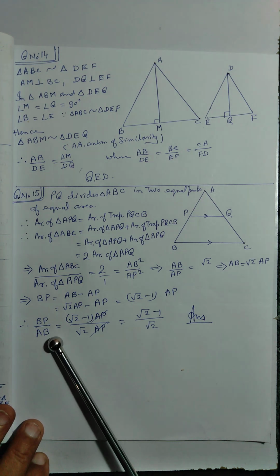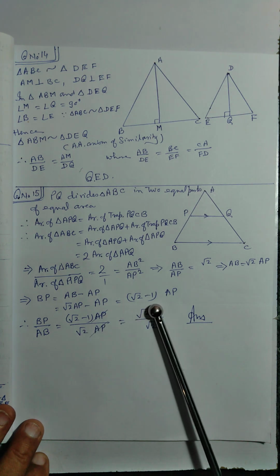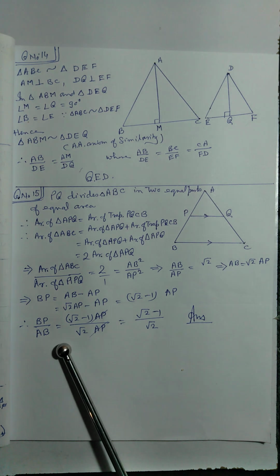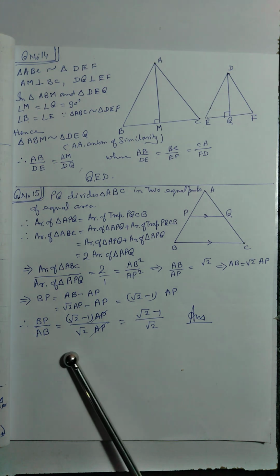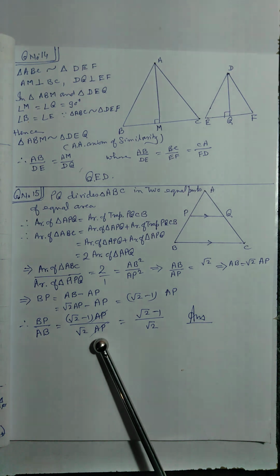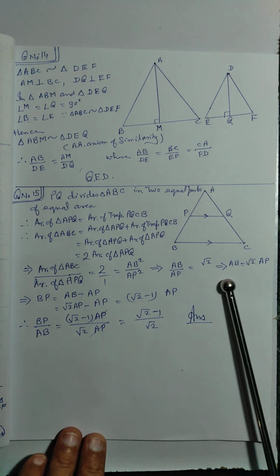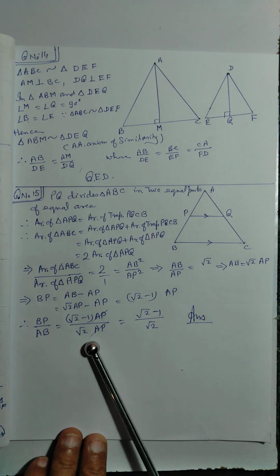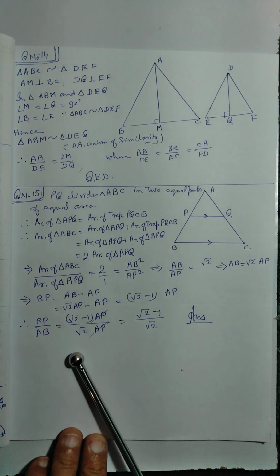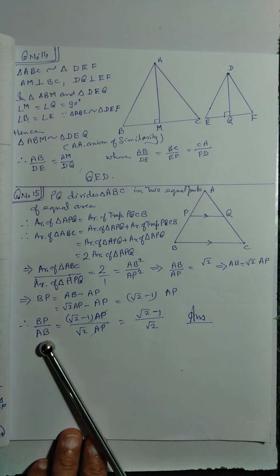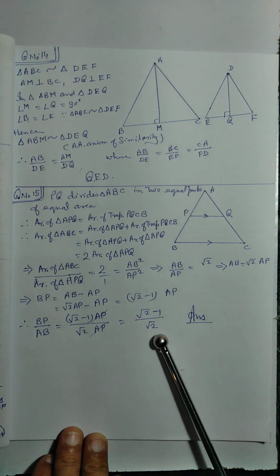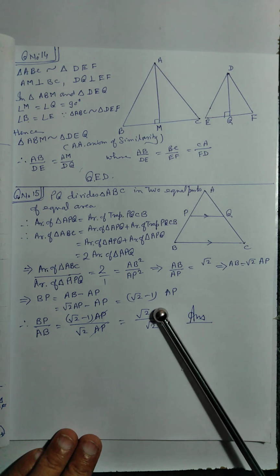So in place of BP, I have written root 2 minus 1 into AP. In place of AB, I have written root 2 AP. देखिए, AB is equal to क्या है? Root 2 AP. AP will be cancelled. So BP upon AB will be equal to root 2 minus 1 upon root 2. This is the required answer of question number 15.